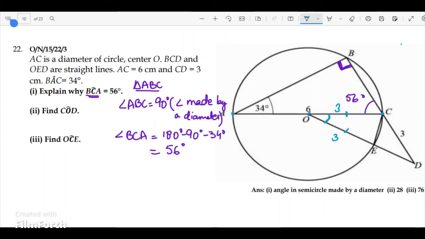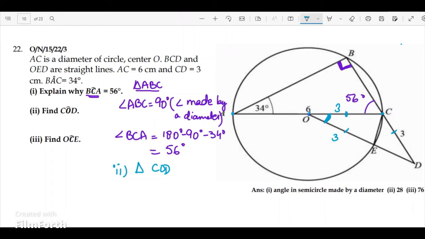We have to find angle COD. So if we look at this triangle, second part, I'm looking at triangle COD. Do you see that this is also isosceles? This is also 3.